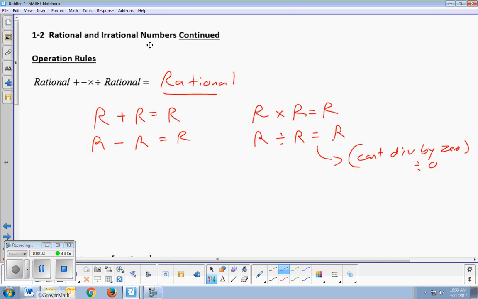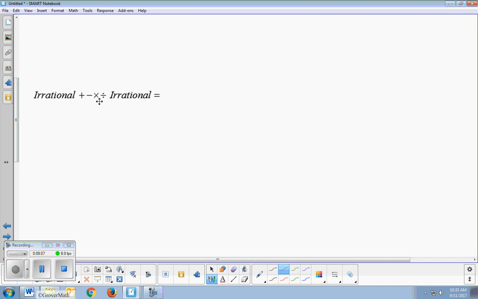How about 2 irrationals? So just remember, two rationals is always rational. How about 2 irrationals? Plus, times, and so on. The answer here is sometimes. Sometimes rational, sometimes irrational. It can be either rational or irrational.